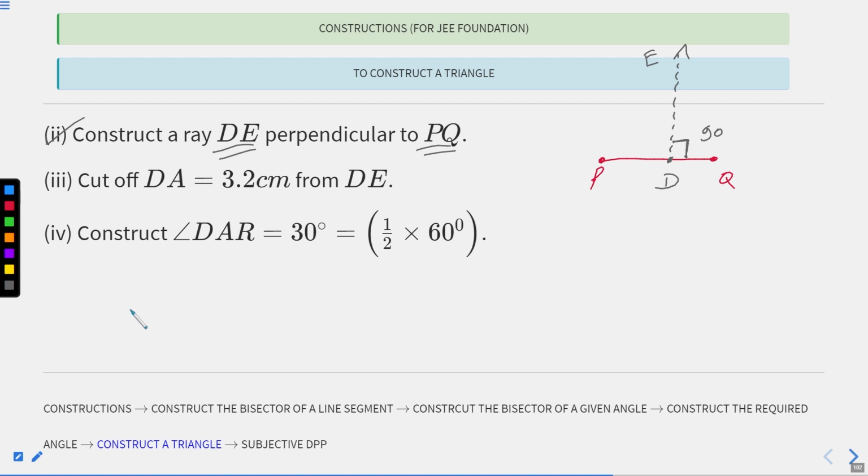Just quickly, if P and Q are here and D is here, take any radius and draw an arc like this with center D. Now make the center here with the same radius, mark the arc here, and now make this point of intersection a center with the same radius.